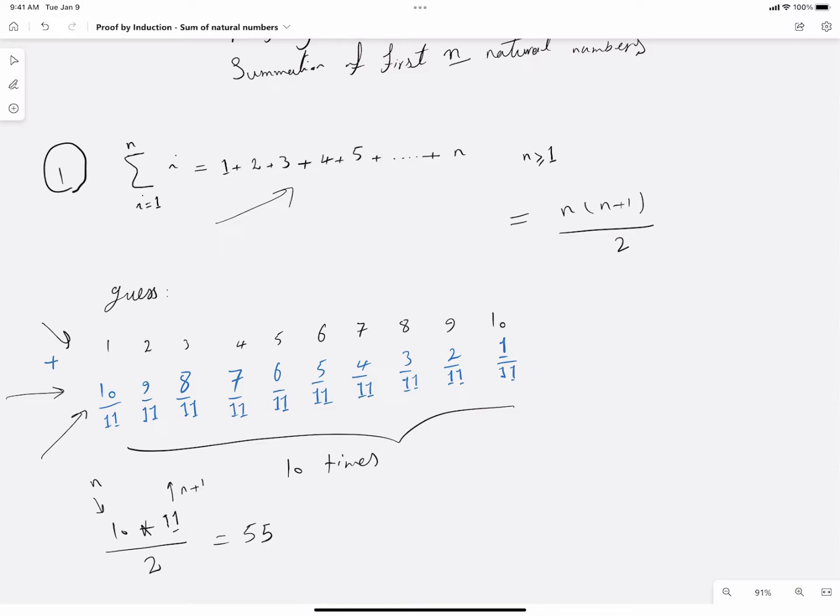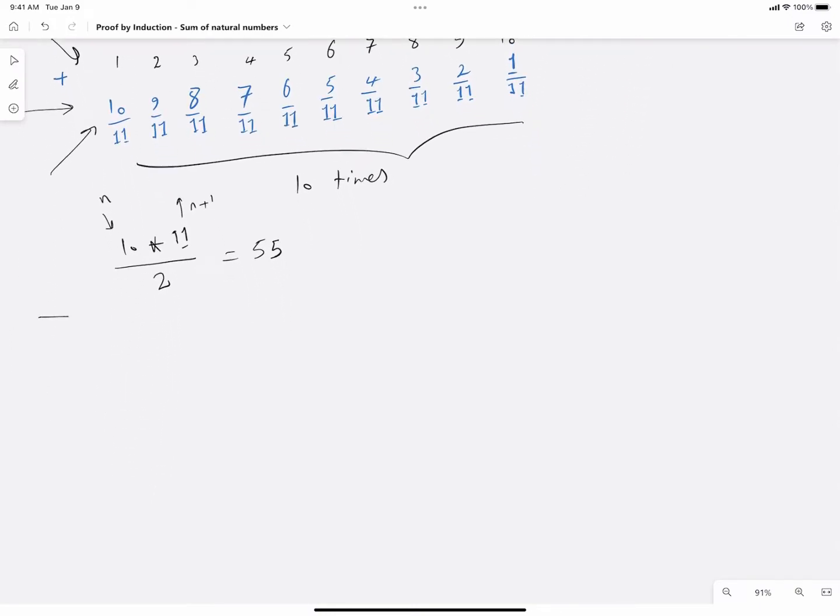And by that assumption, we're going to see if we can conclude that it's true for the next number. So let me explain with this example we have here. The very first step is the induction base.